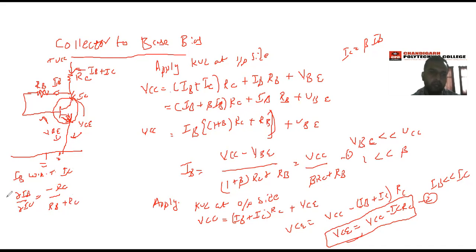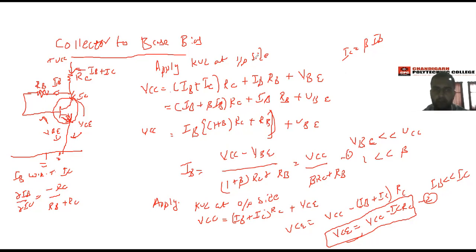We can put the value of derivative of IB upon derivative of IC in stability factor. As we already discussed, the formula of S is, S is equal to 1 plus beta upon 1 minus beta of derivative of IB upon derivative of IC. So this is your equation number third. We put the value of derivative of IB upon derivative of IC in equation number third.